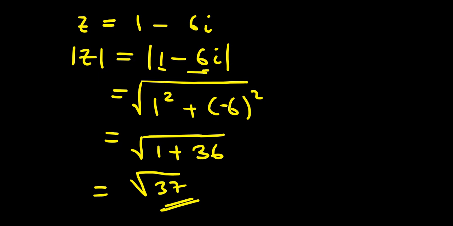Okay, now let us move on to the next property of complex numbers, which is division. When it comes to division, if we are dividing two complex numbers, that's a plus ib divided by c plus id, what we do is we multiply the denominator and the numerator by the conjugate of the denominator.